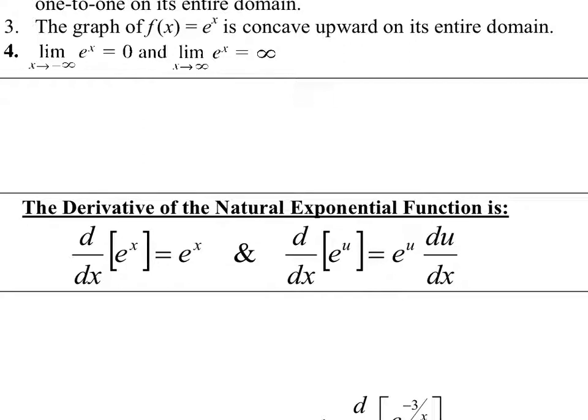If you have anything other than just a plain x, in other words, we have e to the u, what do you need to use when you take the derivative? The chain rule. So that's why you see here e to the u times du dx. That's our chain rule.